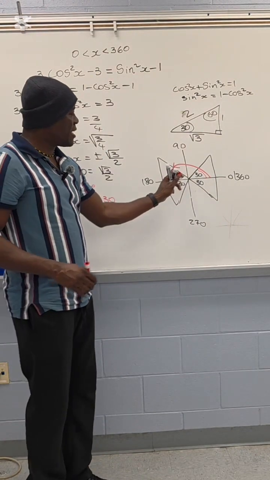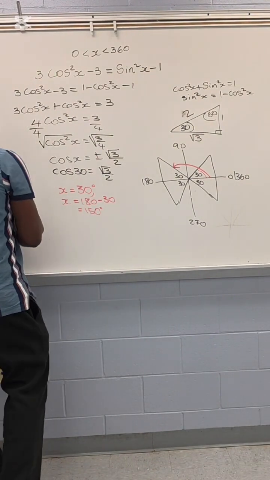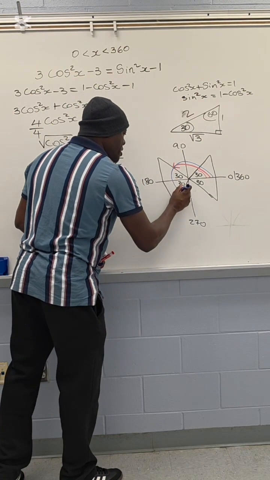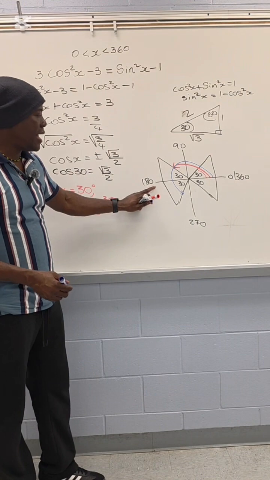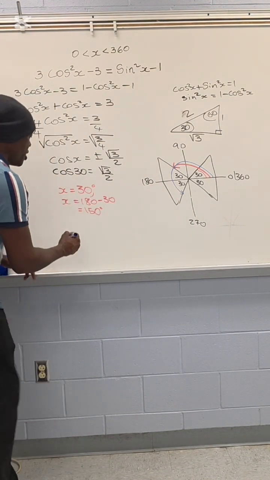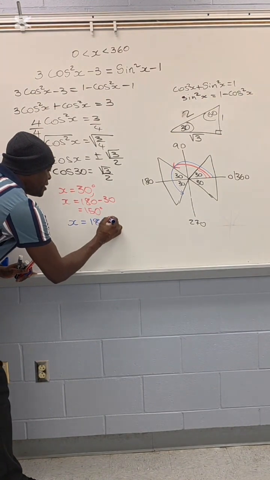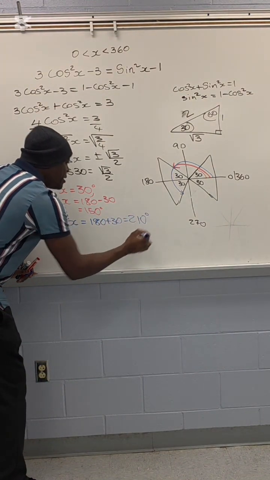That's my second answer. My third answer is going to be all the way here, coming in here. Which means it's going to be 180, and I'm going to add 30 more to it. So my third answer is 180 plus 30, and this is 210 degrees.